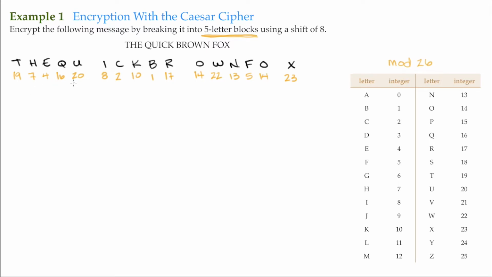Once we've labeled each letter with its corresponding number, we do the encryption. So the Caesar cipher uses the encryption, C standing for the ciphertext, which is equivalent to P, the plain text, which is the quick brown fox, plus the shift, which we label as B, and this is always going to be modulo 26.